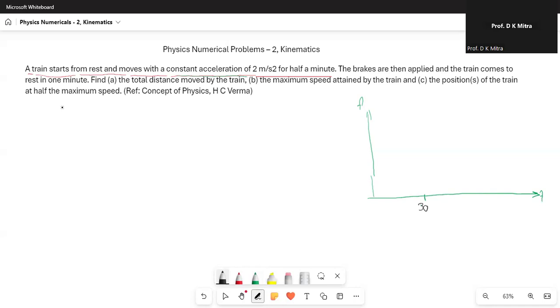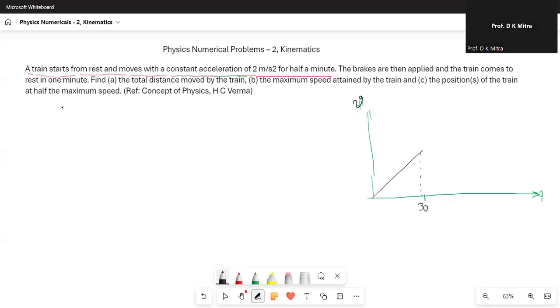The train moves with a constant acceleration, then obviously, the velocity, let's consider this is a velocity axis, the velocity curve is a straight line passing through the origin. Seconds.